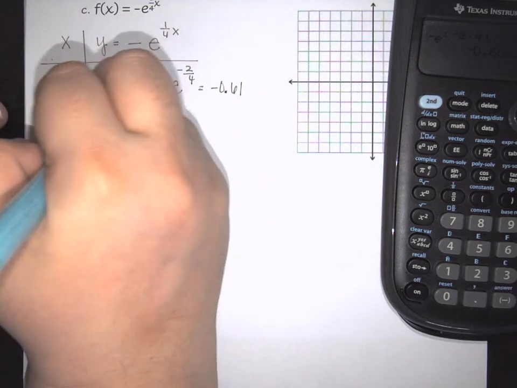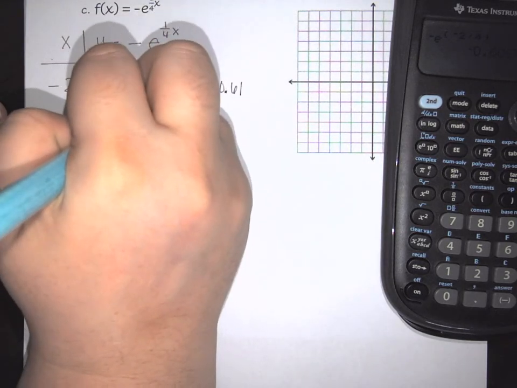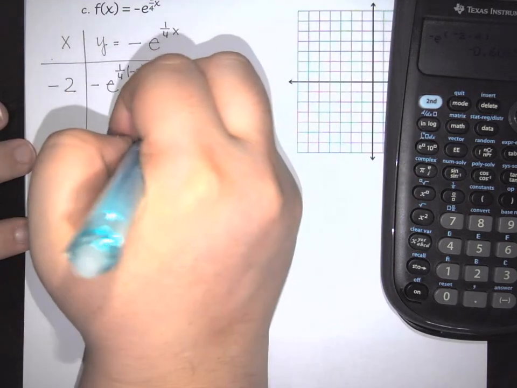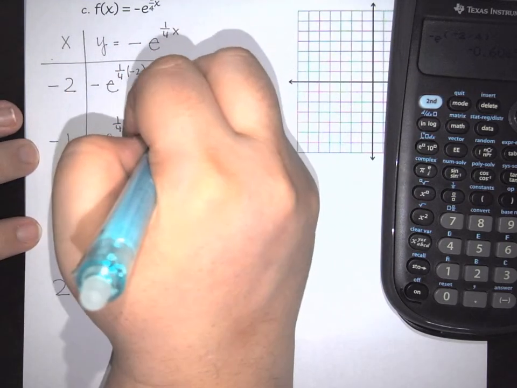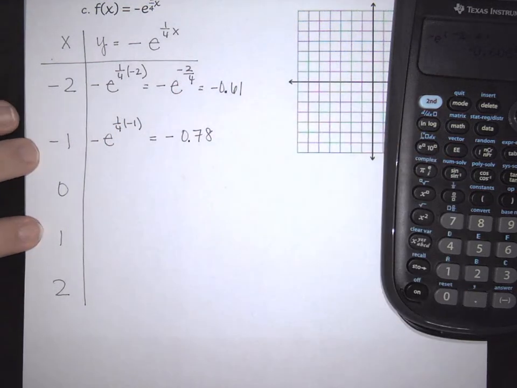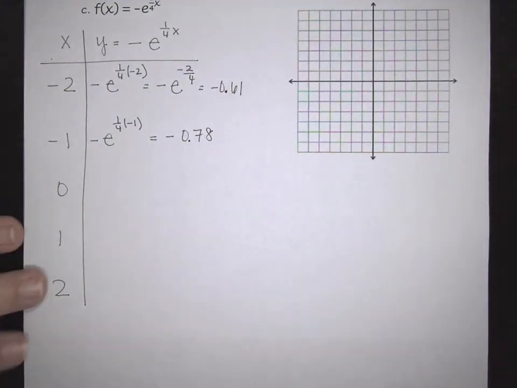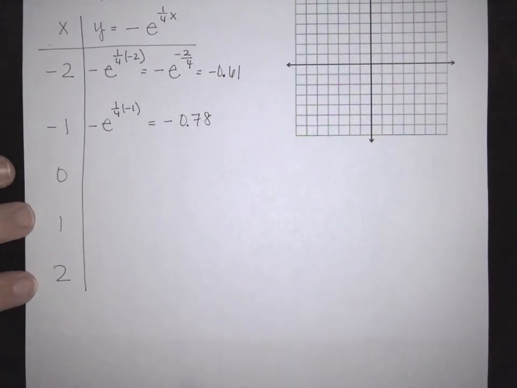And so here you would have -e to the 1/4 times a -1. And when we use our calculator, you're going to get -0.78. So do make sure that you follow or check yourself along as we go, just to make sure you're getting the same values that I'm getting.